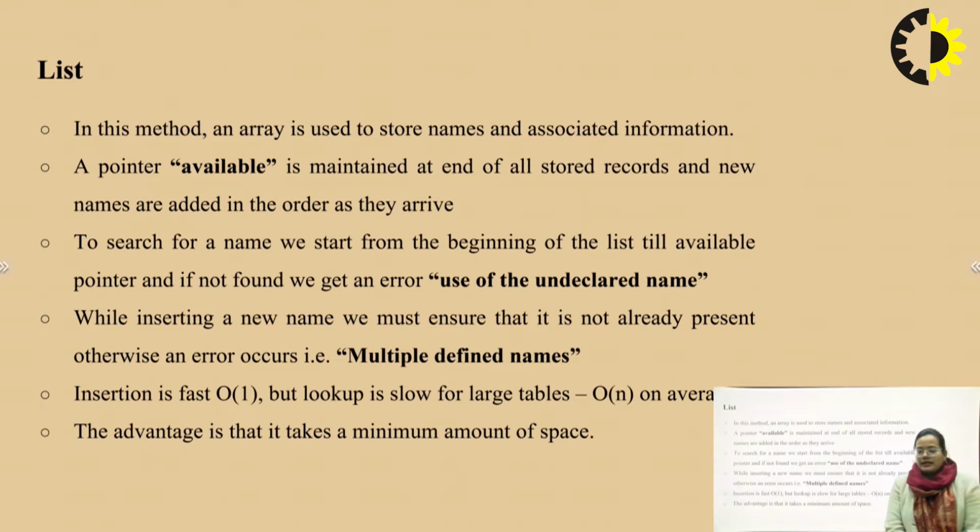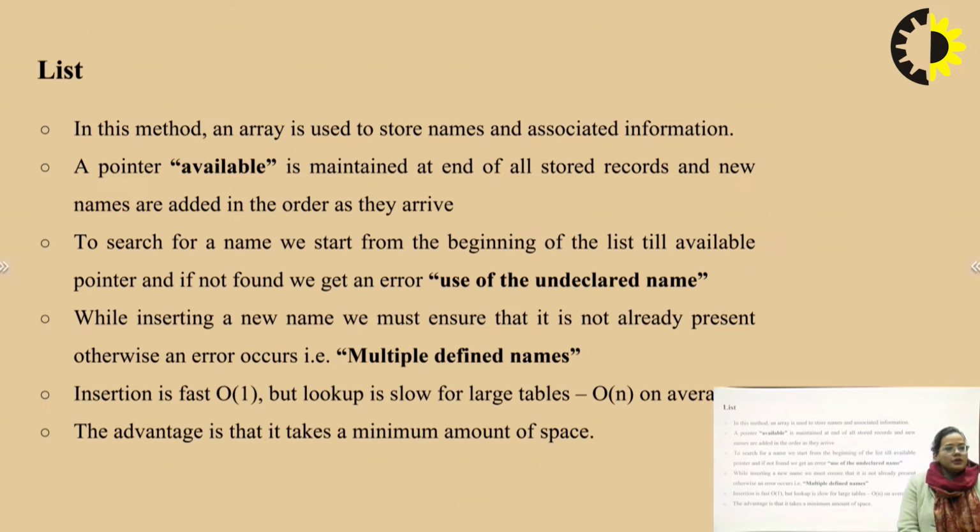Now, first is the list. In a list, an array is used to store names and associated information. A pointer available is maintained at the end of the stored record, and new names are added in the order as they arrive. To search for a name, we start from the beginning of the list till the available pointer, and if not found, we get an error: use of an undeclared name.